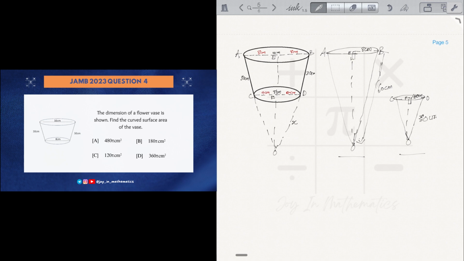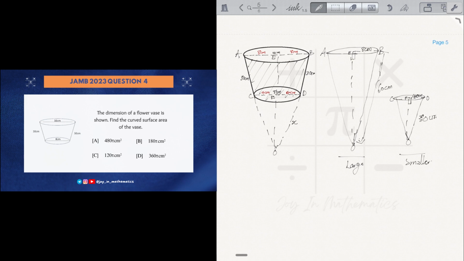We want to evaluate, the question says we should evaluate the curved surface area of the vase. The vase is ABCD. That means we are looking for the area embedded in this place. And to get the area embedded in this place, we have to evaluate the curved surface area of the larger cone and subtract the curved surface area of the smaller cone.